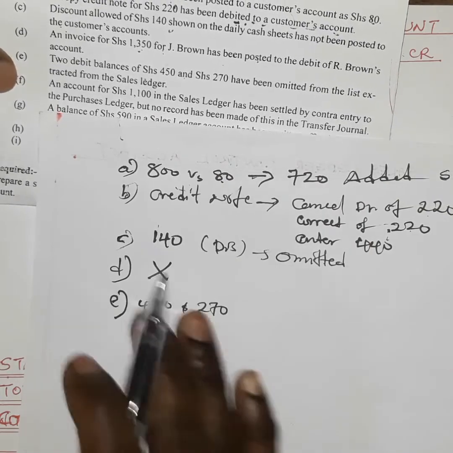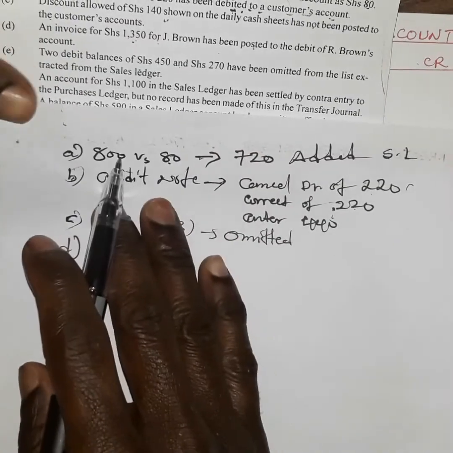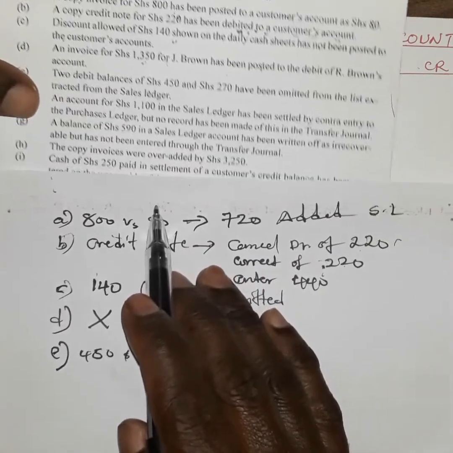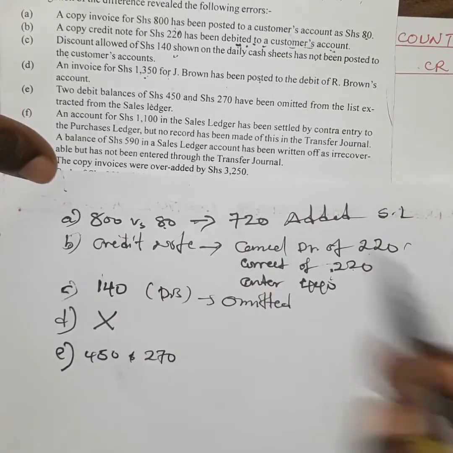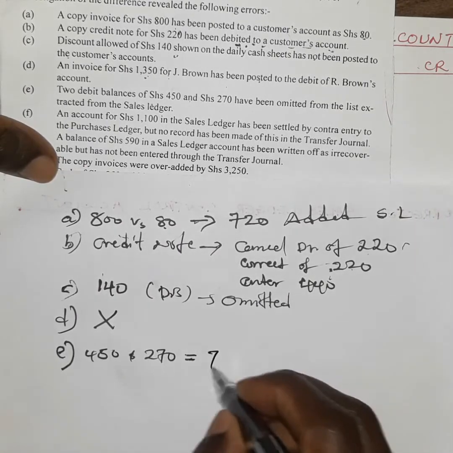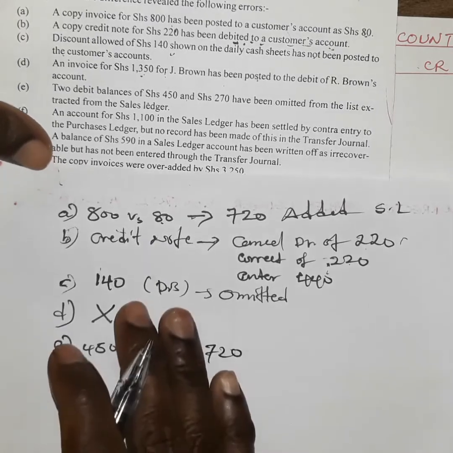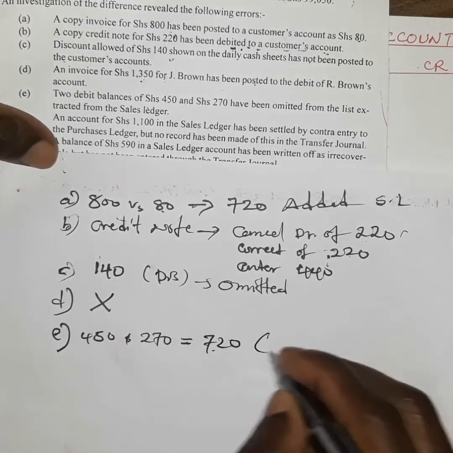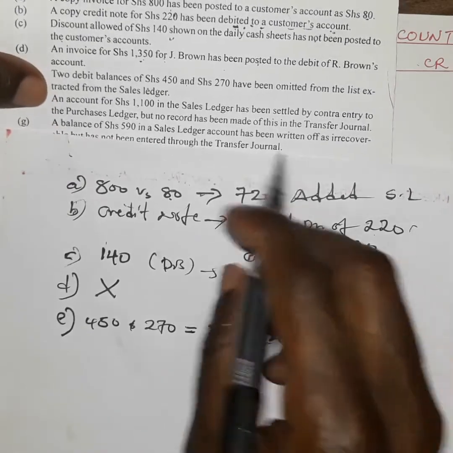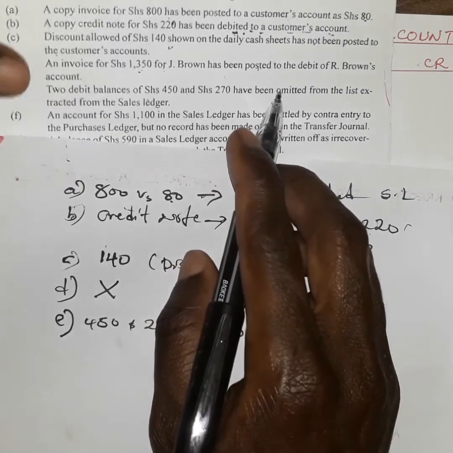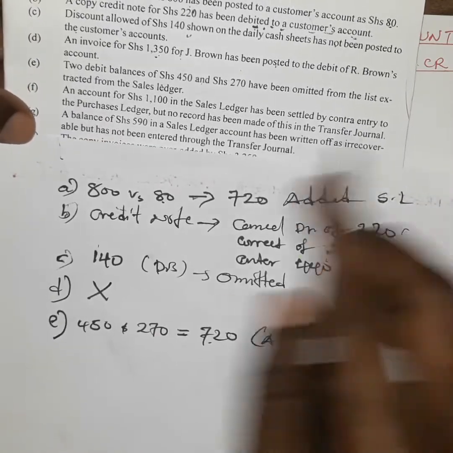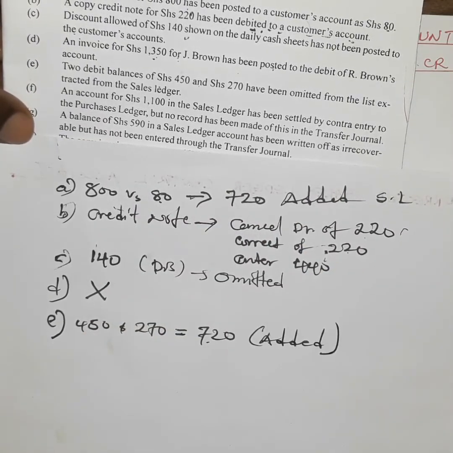Now, debit balances are supposed to increase what is in the sales ledger control account. The total there is supposed to be 720 when you add the two. So if they are omitted, it means that they are supposed to be added, because debit balances have a debit entry.